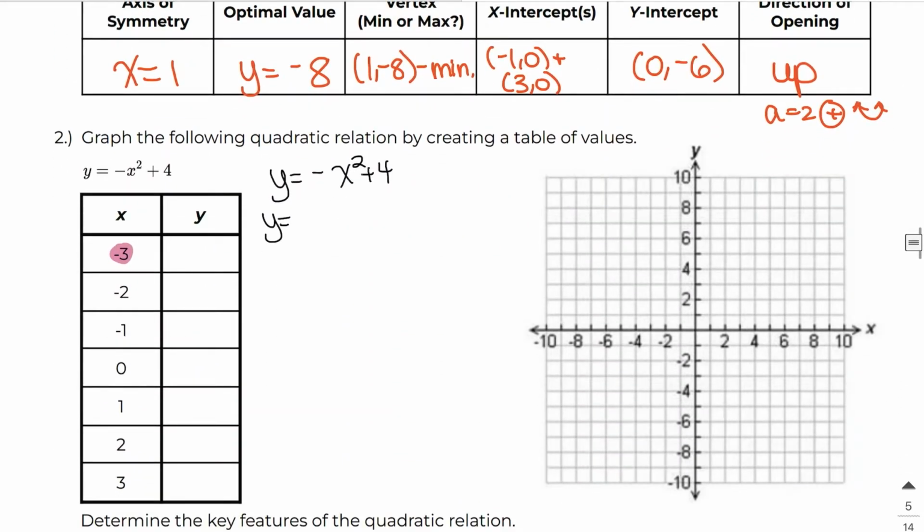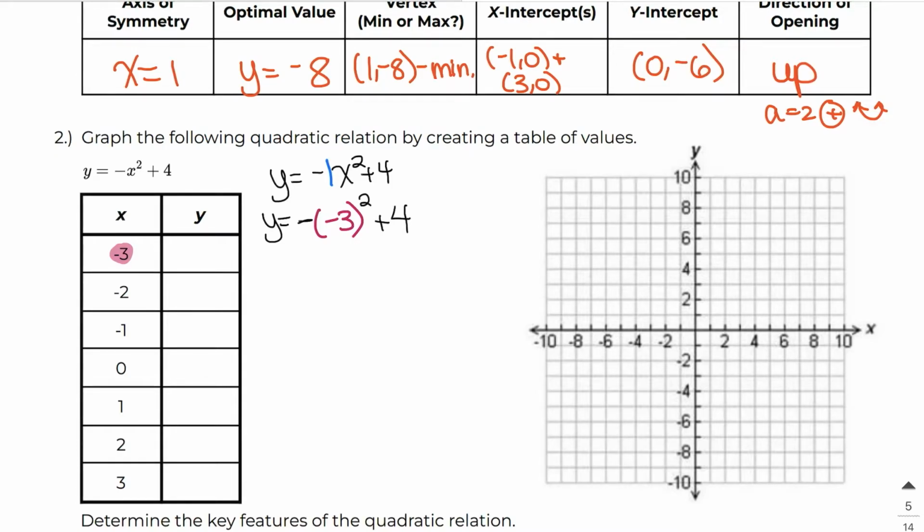Now for this one right here, this one's tricky because the number that's being squared is -3. We're going to square that -3. I'll write the +4 here, but then this negative also goes in front. Okay, because what this technically means is that we're doing -1 times x squared. There's an invisible 1 in front right here, and we have to square the number first.